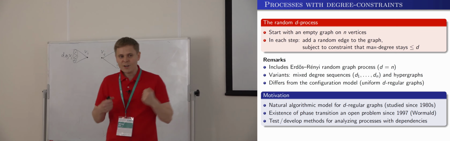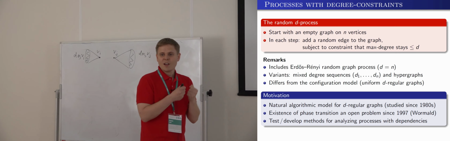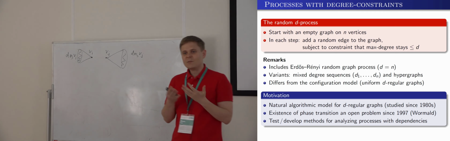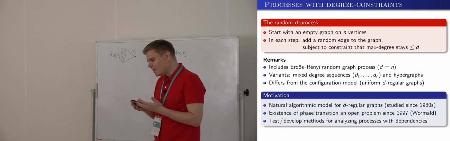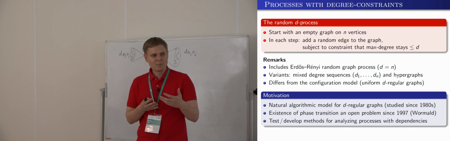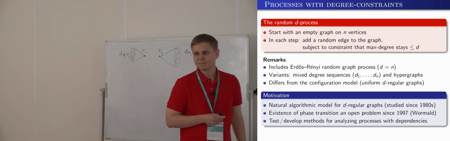You just greedily put in as many edges as possible without violating this degree d constraint. The configuration model that we now know maybe is not the first thing you write down, because it's specifically tailor-made so that certain probabilities are uniform.